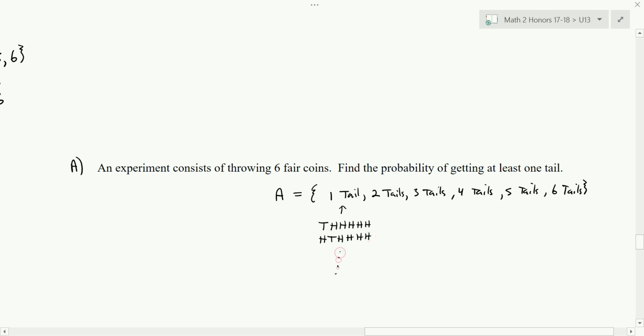And then how many would fit under that one tail category? 6, right? And then we could look at 2 tails. A little more complicated. The first 2 could be tails. And then maybe the first one's heads and the second one's tails, and then maybe 2 heads and then a tail and then a heads, and you're moving things around, right?